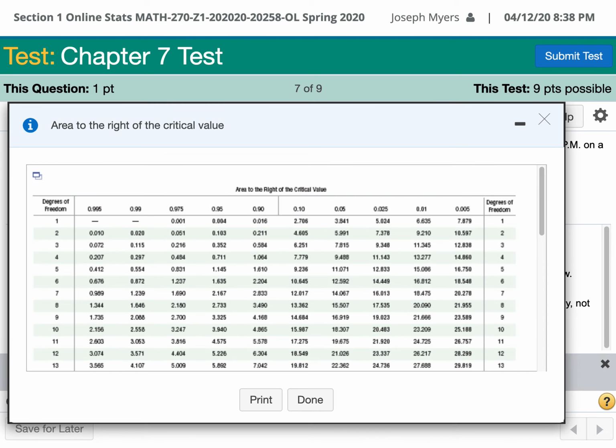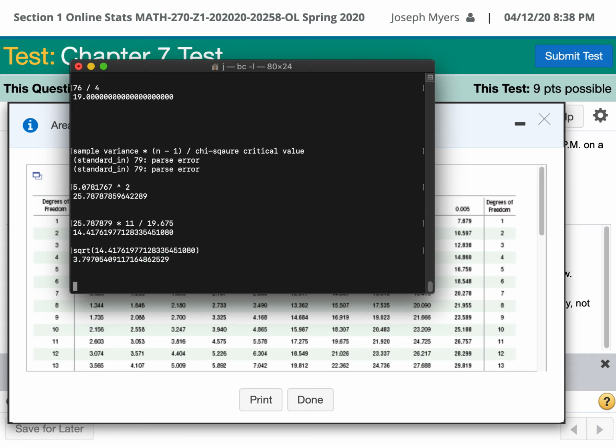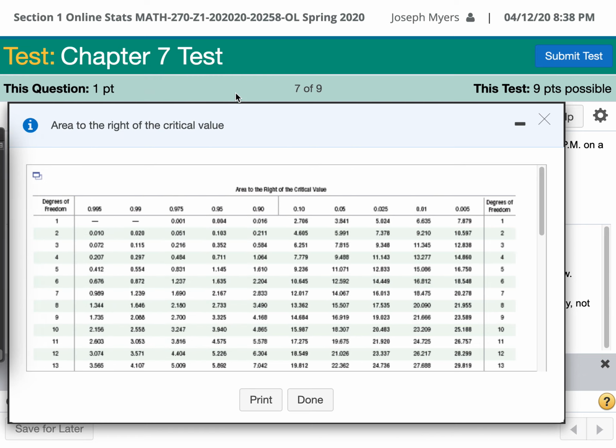Then we're going to do the same thing again with this equation. We take the sample variance times n minus 1, which is 11. But this time we're going to divide by the right critical value, which is the 0.95, because 0.95 represents the 5% at the right side of the graph.